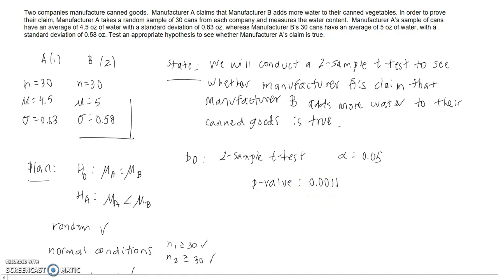Now, when we look at this, using the p-value approach, we see that yes, this p-value here is less than our alpha level of 0.05. So thus, we are going to reject the null hypothesis.